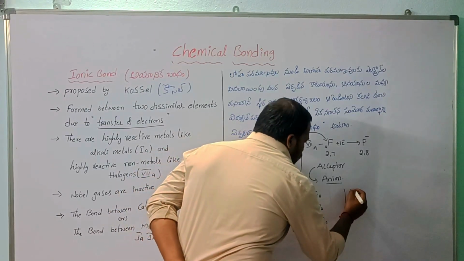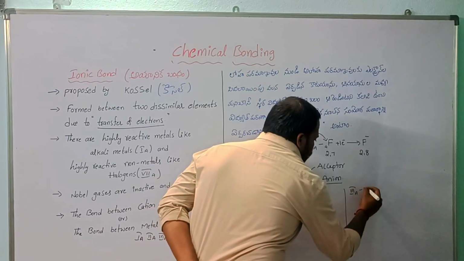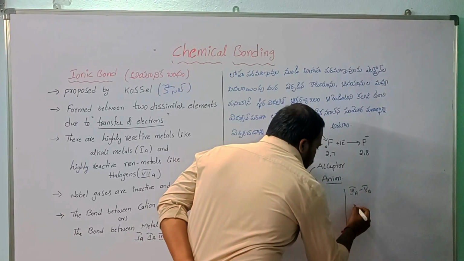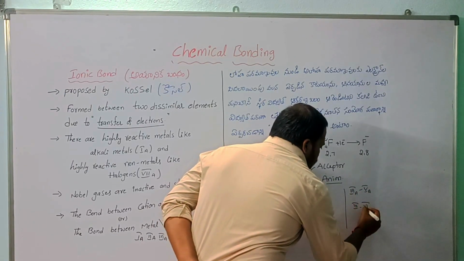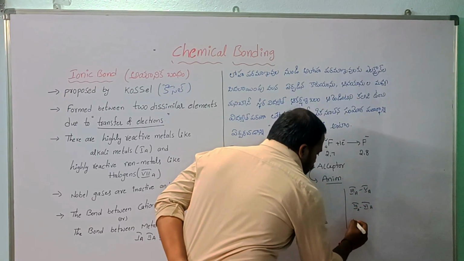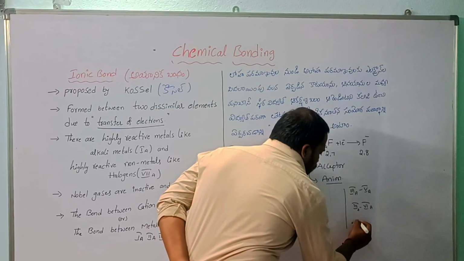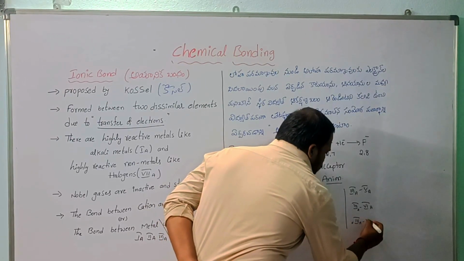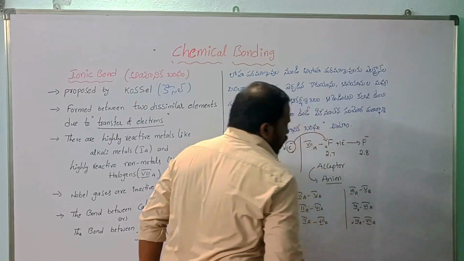Same for the third group. Third group also bonds with 5th A, 6th A, third A with seventh A.